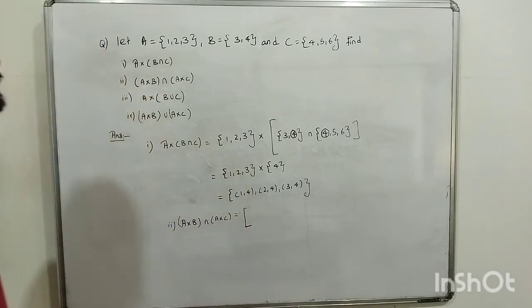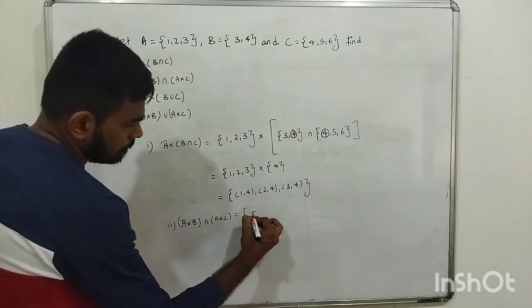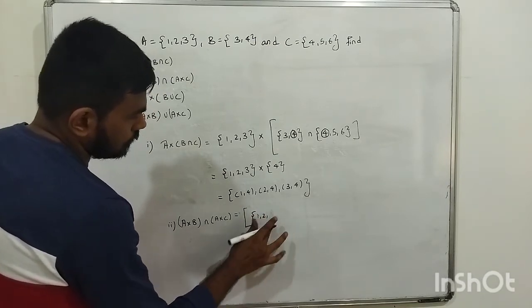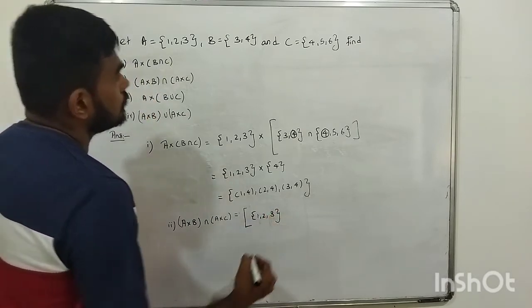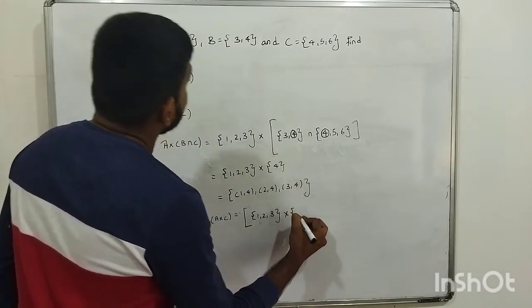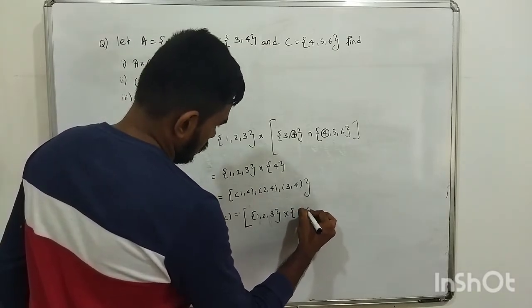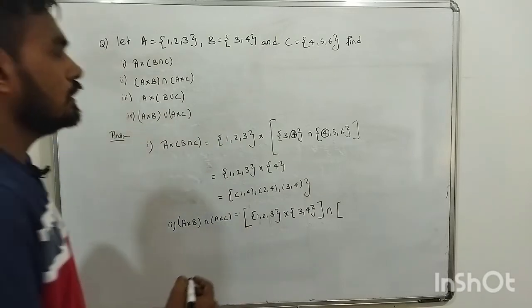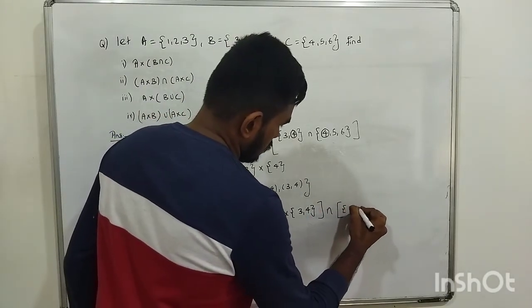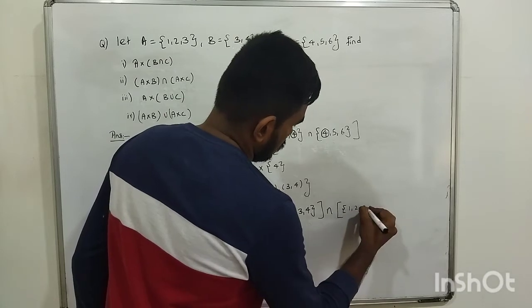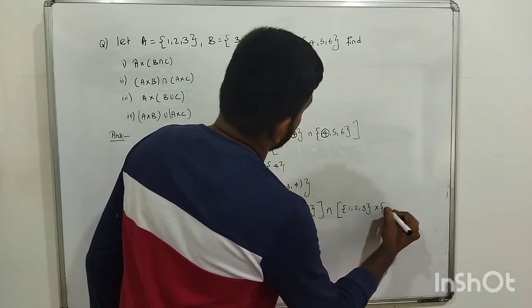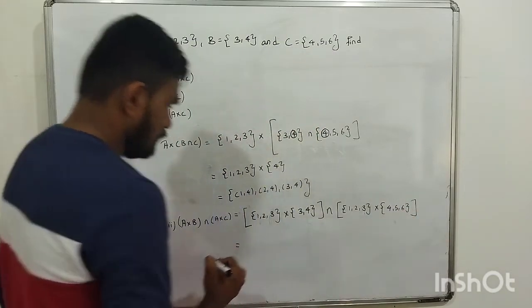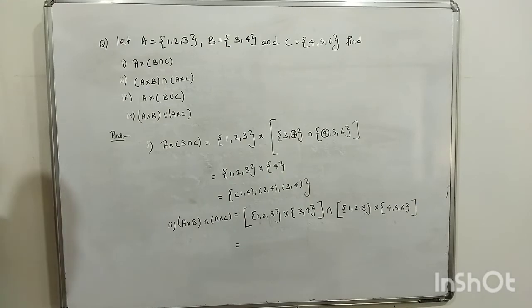So A cross B, where A is {1, 2, 3} cross {3, 4}, intersection A cross C, that is {1, 2, 3} cross {4, 5, 6}.